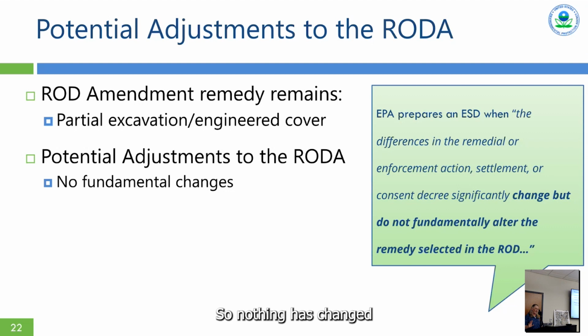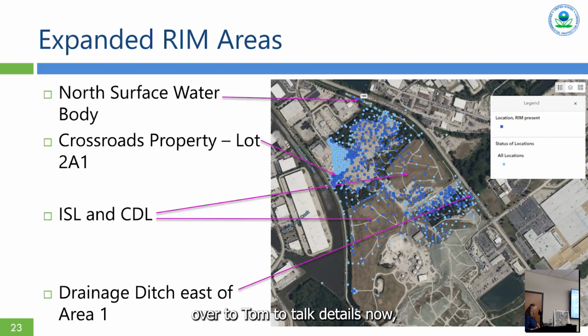So nothing has changed about that piece of it. And like I said previously, none of the other changes are considered fundamental. We will make all of the information publicly available and discuss it with you when that does occur. I'm going to turn it over to Tom to talk details now.